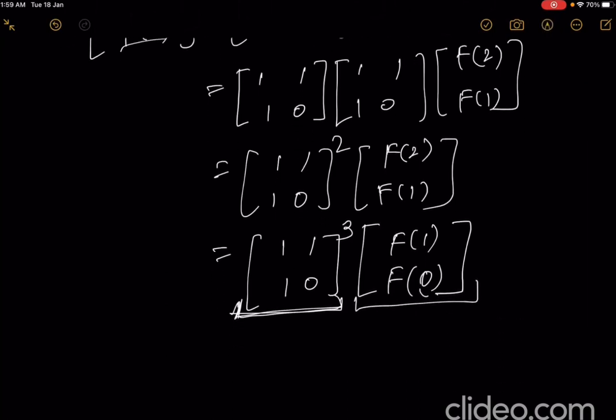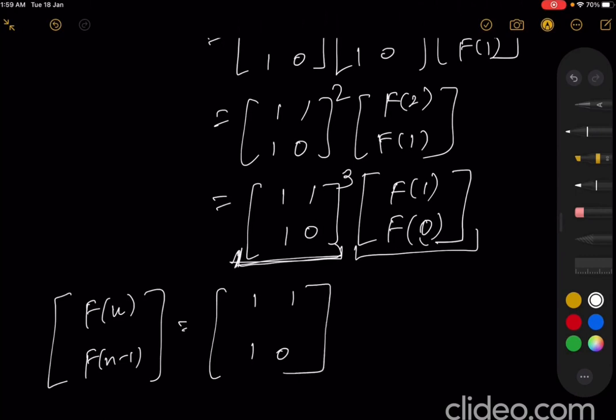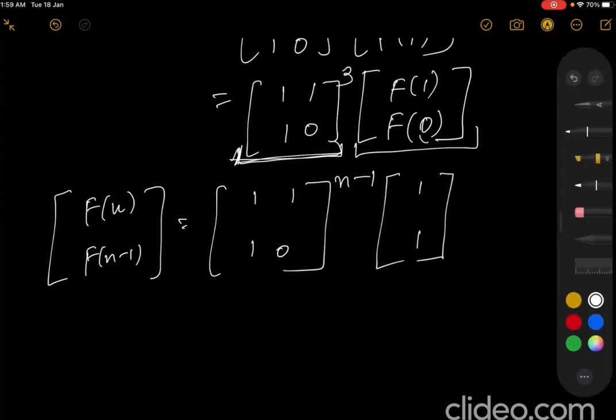If you generalize it for any n, then f of n will be equal to this matrix raised to the power n minus 1, multiplied with f of 1 and f of 0, which are both equal to 1 in this case.